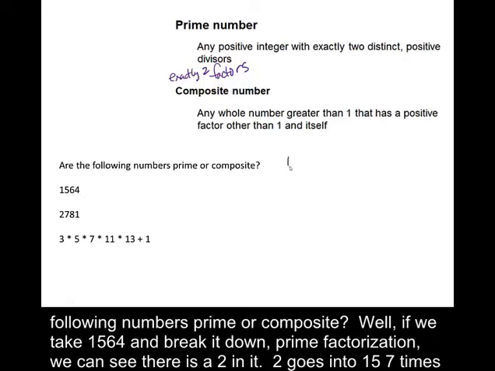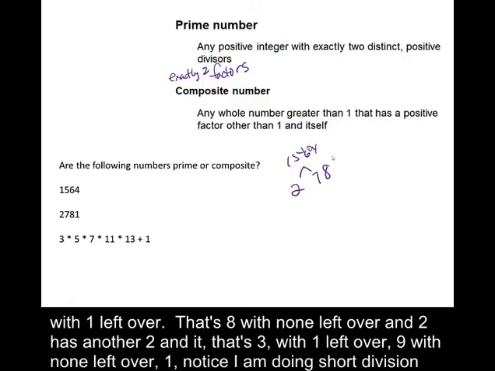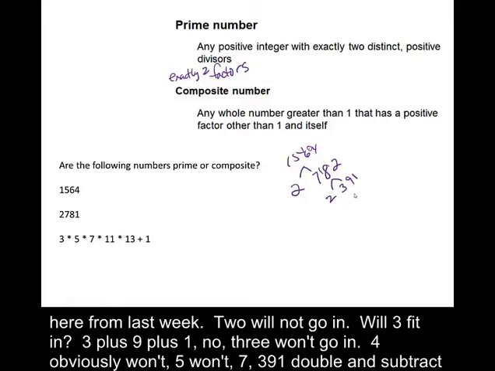Well, if we take 1564 and break it down, prime factorization, we see there's a 2 in it. 2 goes into 15 7 times with 1 left over. That's 8 with none left over, and 2 has another 2 in it. That's 3 with 1 left over, 9 with none left over, and 1. Notice I'm doing short division here from last week. 2 will not go in. Will 3 fit in? 3 plus 9 plus 1?